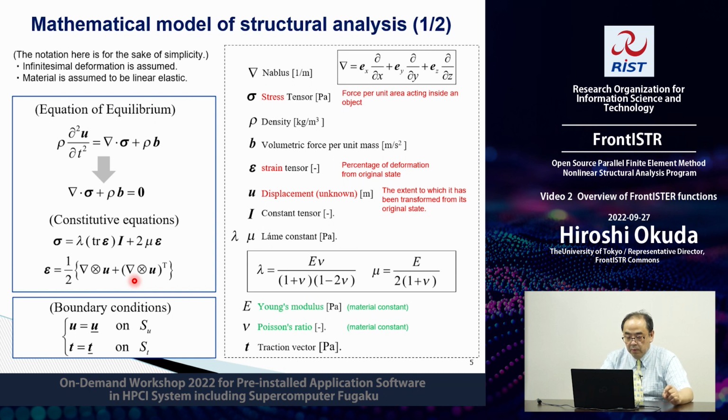So once you can obtain the displacement, this is the main purpose of the finite element method, structural analysis, then you can compute the strain or stress by using these equations.